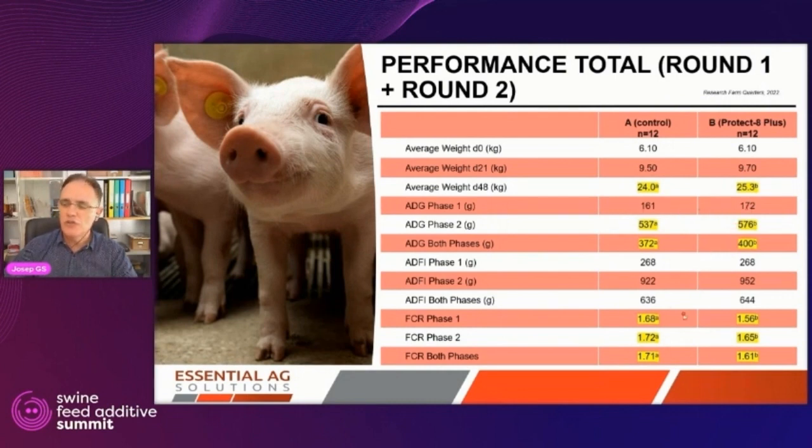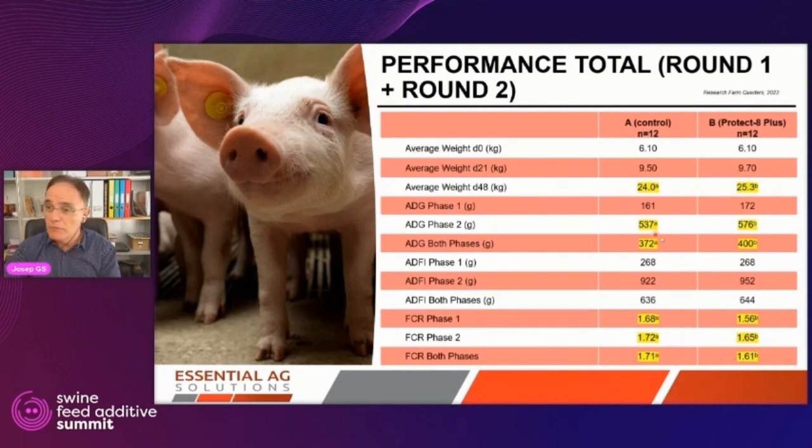And then also feed conversion. In this case, we had an overall statistically significant improvement of feed conversion, and it came from both diets. The first diet and the second diet each had an increase in better feed conversion rate that, of course, resulted in an overall improvement.